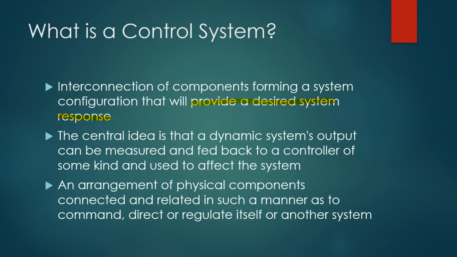But our main idea for a control system, as mentioned, is still the system's output. We want to control the system's output through the use of a controller. In the second definition, it is mentioned that this controller is actually affected by a feedback measurement.